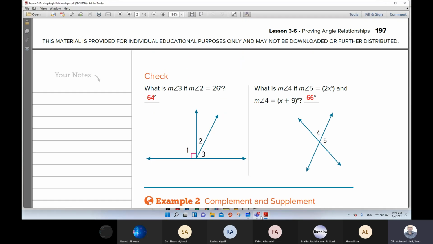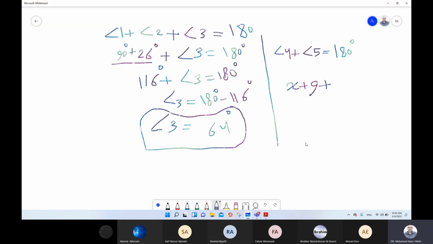It will be 2x. Equal 180 degrees. We want to solve this equation, so add the like terms. x plus 2x will be 3x plus 9 equals 180.